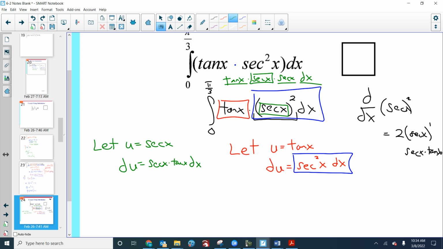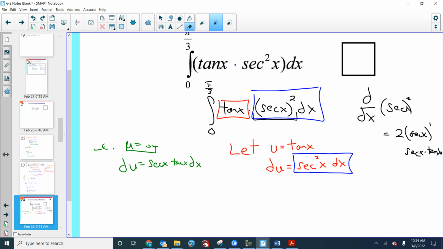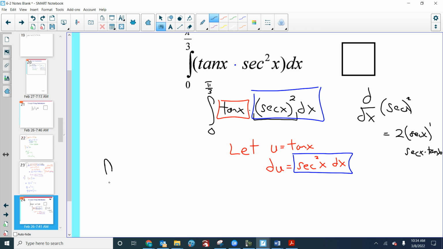I think the red and blue are probably the most obvious ones for us. All right? We'll get rid of the screen for now. If you did it another way, that's fine. All right. So let's continue. My integrand is getting transformed. It was tangent x times secant squared x dx.